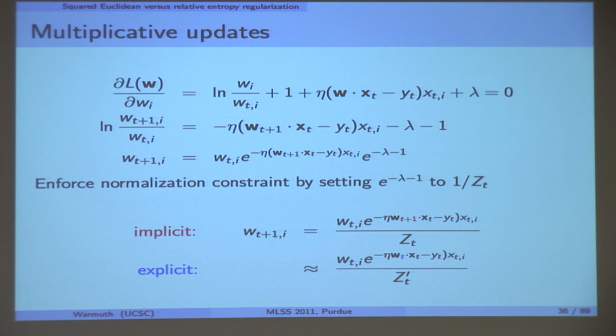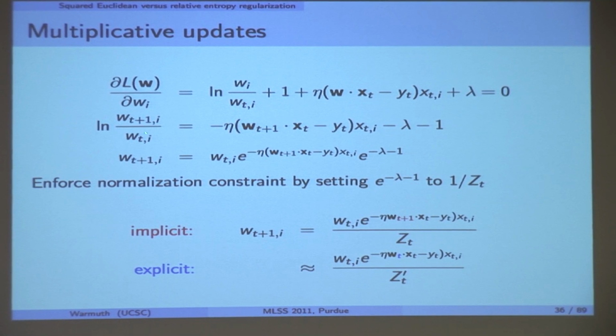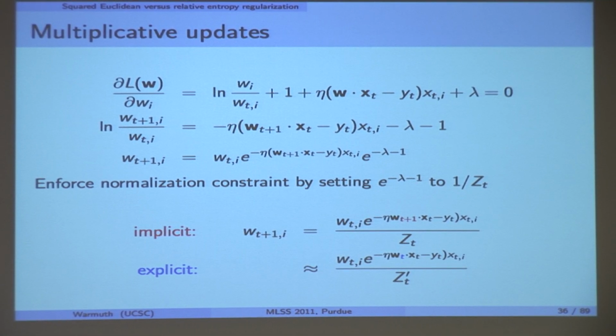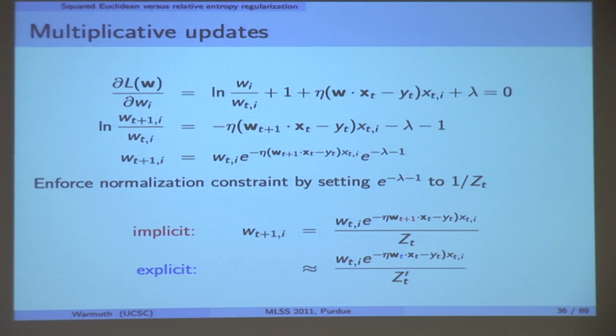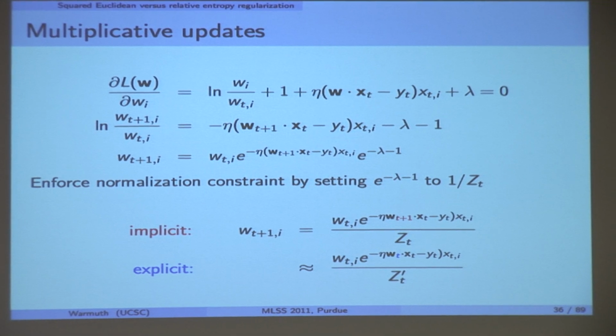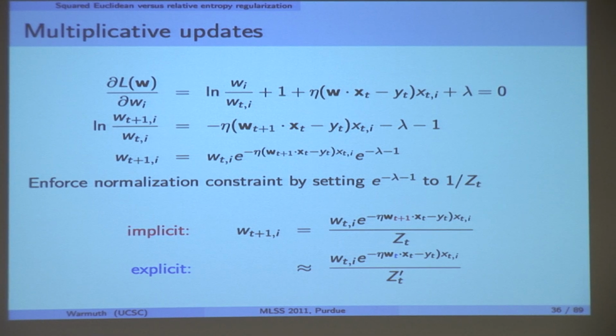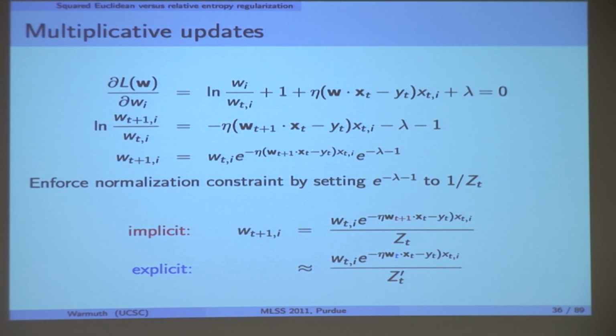So you were wondering, how come those same gradients appear in the exponent? Well, if you take derivatives of the relative entropy, you get a log of the ratio. Clear? Log of the ratio. When you now solve for your weight, wt plus 1 i, you're going to push that stuff here into the exponent. If you solve, you have to exponentiate. The gradient appears in the exponent.